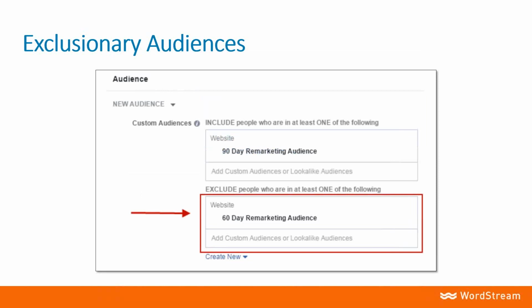Another example would be to take a base audience and exclude people that converted on a specific conversion that you're not looking to promote to. So from this 90-day remarketing audience, I could exclude people that have downloaded content, and then we can show them a different promotion or piece of content.